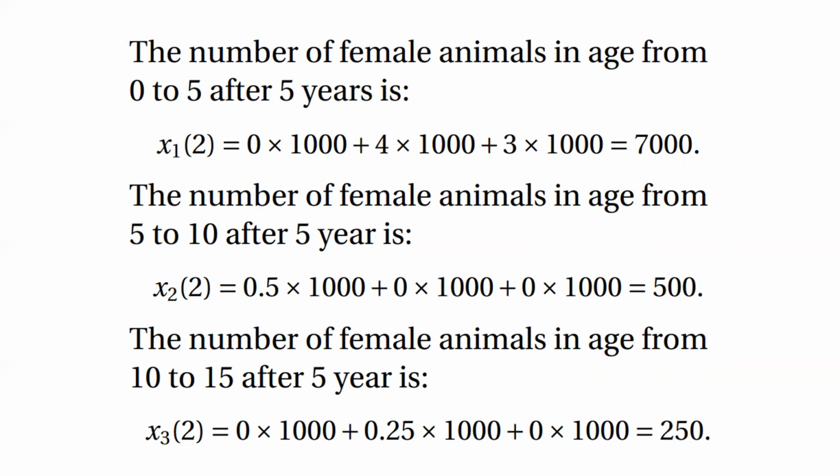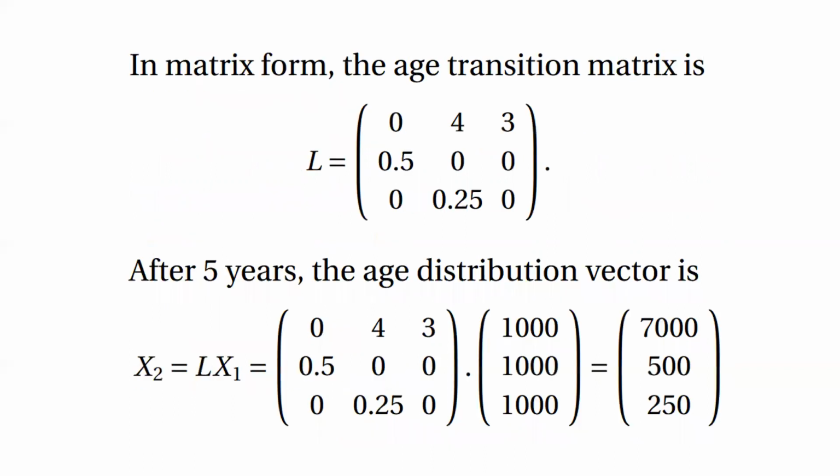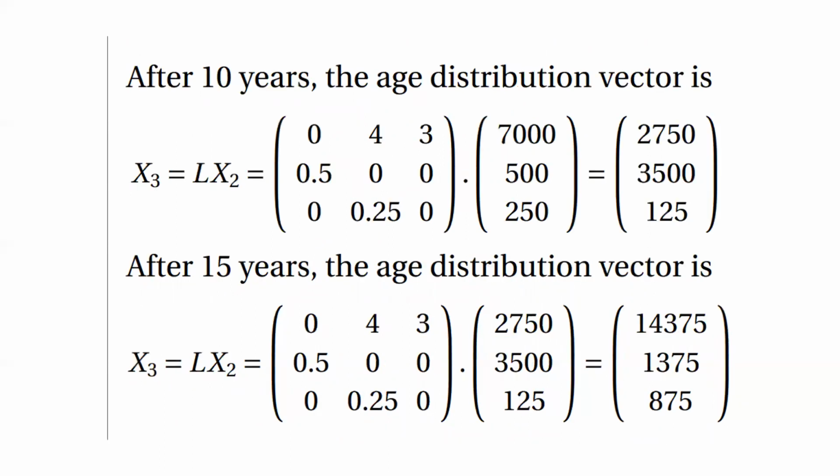Doing the same, we will have the equations for x2 and x3. Writing those equations in matrix form, the age transition matrix is L. After 5 years, the age distribution vector is x2 equals L times x1. Doing the same, we will have the vectors after 10 years and 15 years.